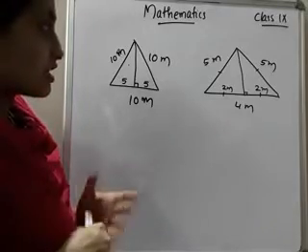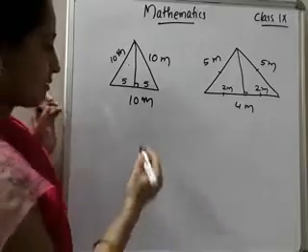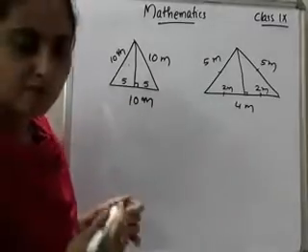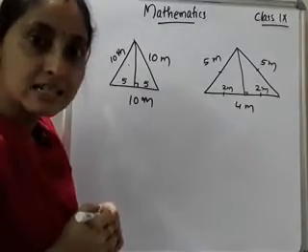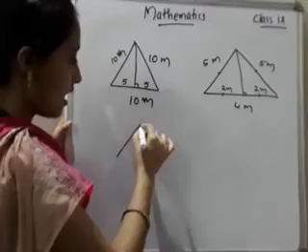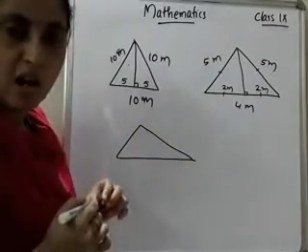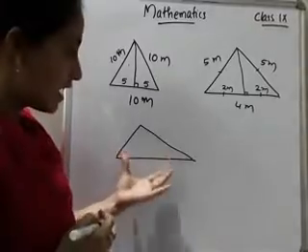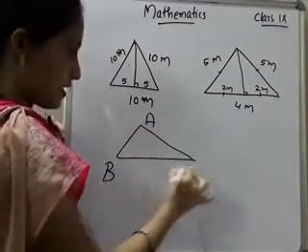Another situation I will give. Suppose the 3 sides are different. What is the type of the triangle? Yes, that is scalene triangle, where all sides are different, not equal. How will you find the area of this triangle? Name this as ABC.